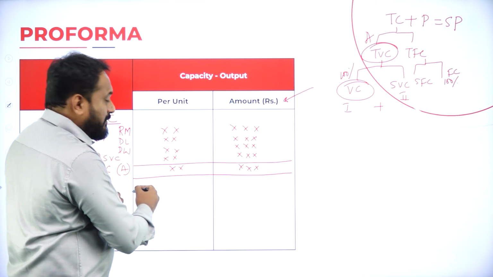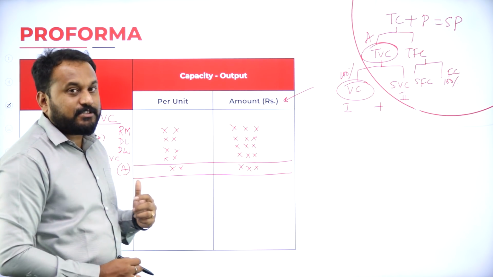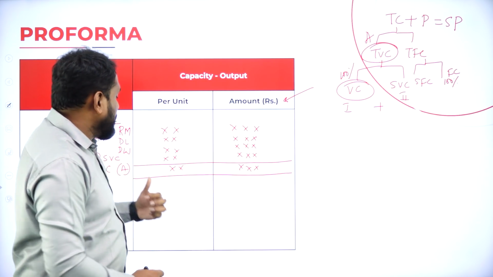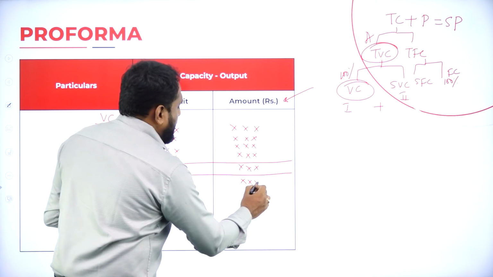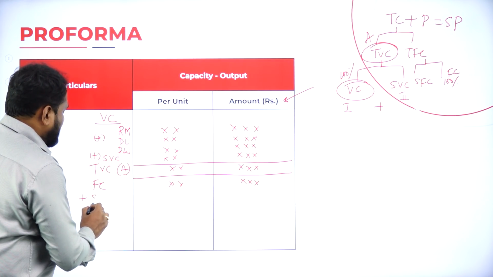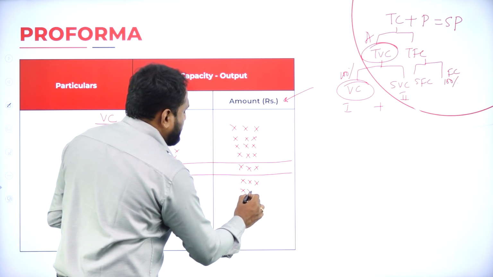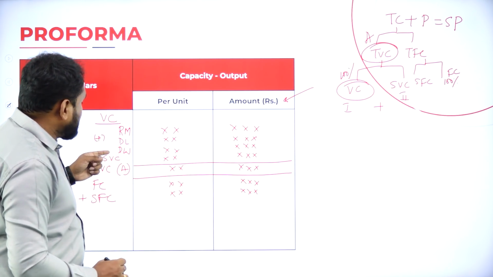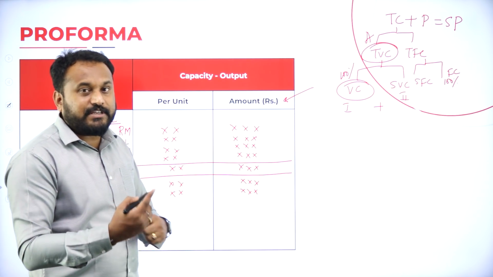Now, after variable costs, we know that we need to add fixed costs. Now, 100% whatever is the fixed cost, you are supposed to write it here. Fixed cost. And then you are supposed to add semi-fixed cost if you have in the problem. Whatever you have as semi-variable cost, the same thing is transferred to semi-fixed cost.